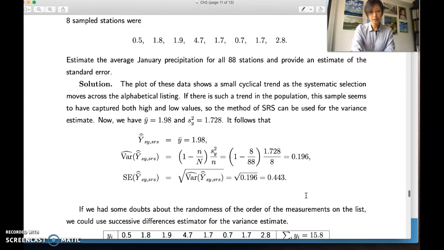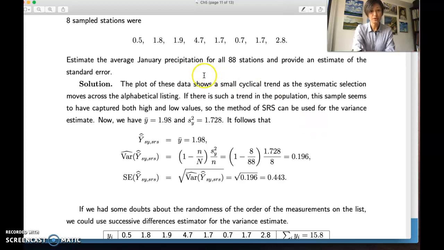And then we doubt that maybe there could be a small cyclical trend in the data across the US, or across the data that we collected in that alphabetical order. So we can try to use the differences method to see if the variance obtained from the differences method would be substantially reduced.